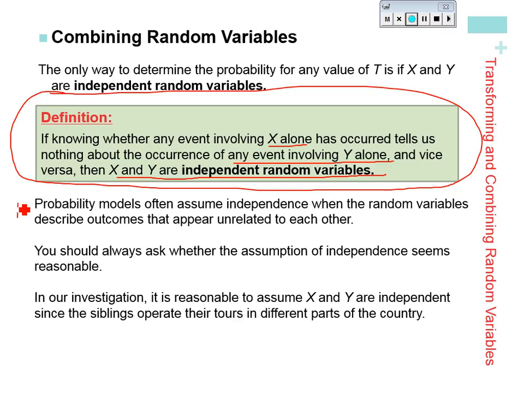Probability models, especially when we're talking about combining, often assume independence of the two random variables. So when we're looking at the spread involved with combining two random variables, we want to make sure that they are independent of each other.